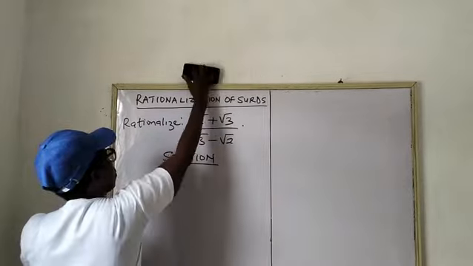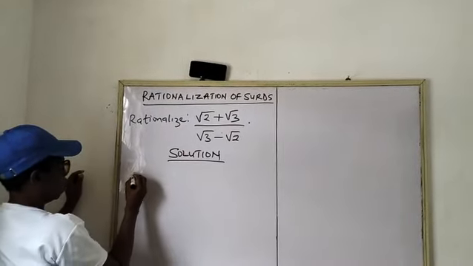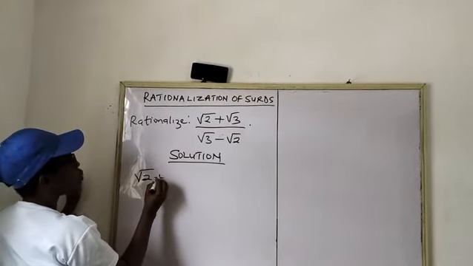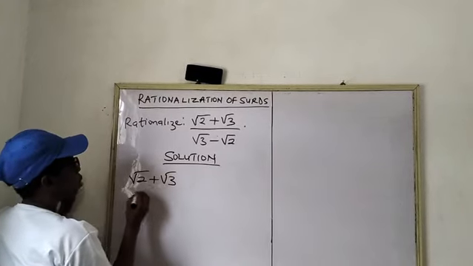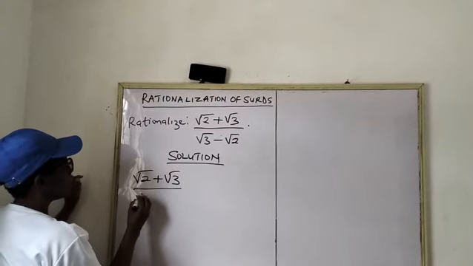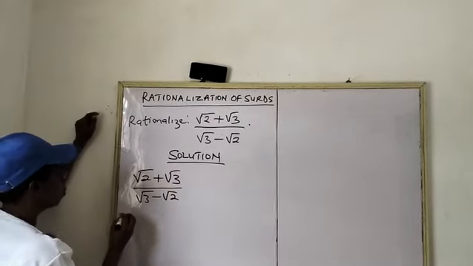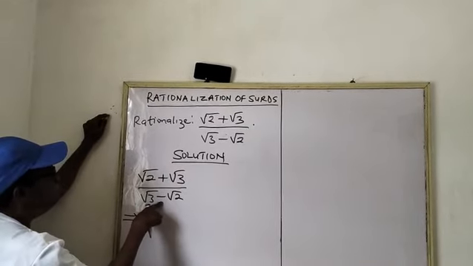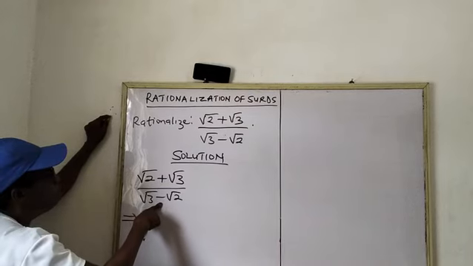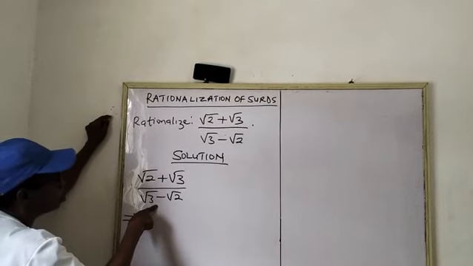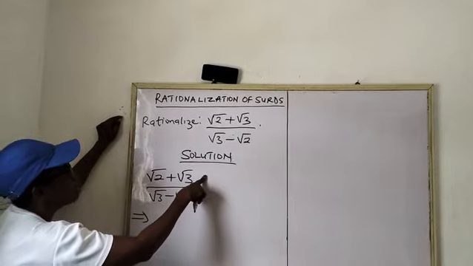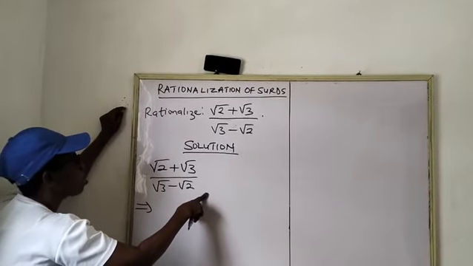Let me write out the question. We have root 2 plus root 3 over root 3 minus root 2. The first step is to use the conjugate of the surd in the denominator to multiply both the numerator and the denominator. What do we mean?